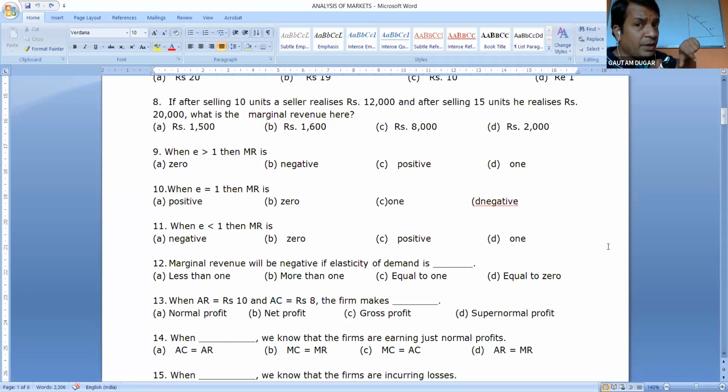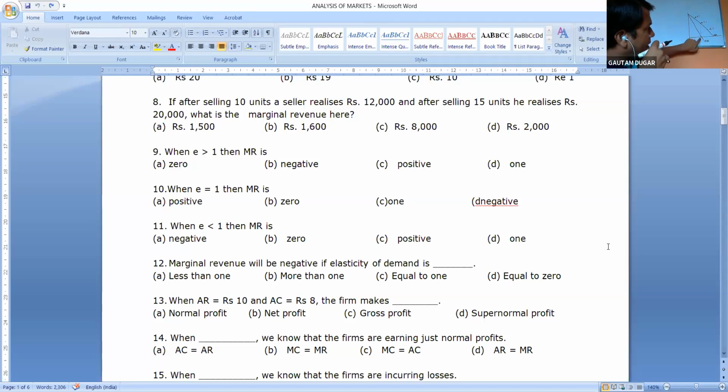Now, if we include MR over here, always remember that MR will be 0 when elasticity of demand is equal to 1.